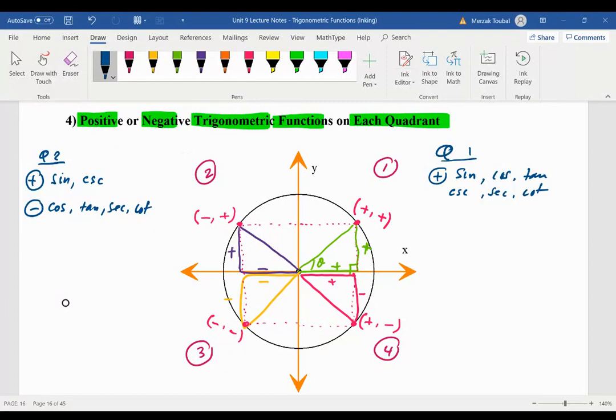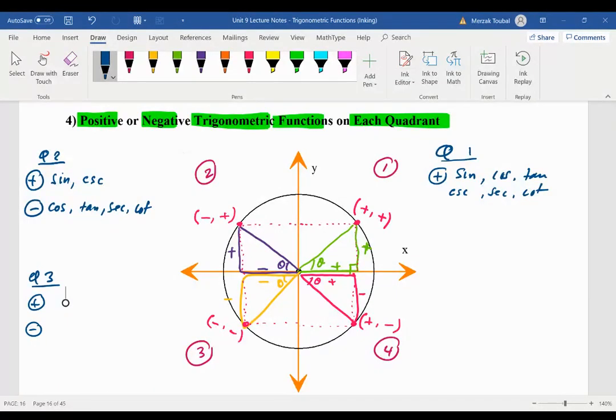Let's look at quadrant 3. Oh, I forgot to put theta, the angle theta. So let's go over quadrant 3. The sine is opposite over the hypotenuse, and opposite is negative, so the sine must be negative.